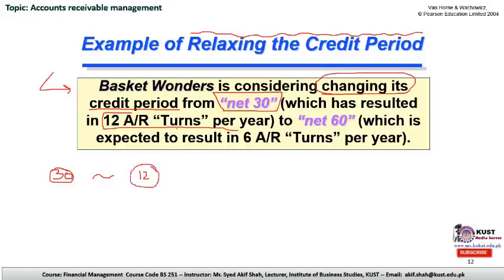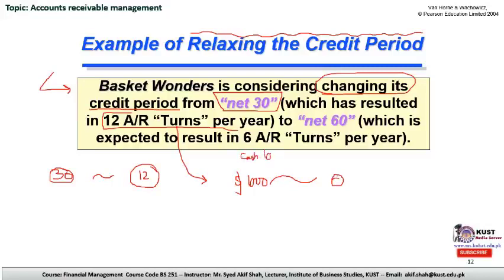What does accounts receivable turnover, or an accounts receivable turn, mean? Let's suppose the company is selling its product worth $1,000 to prospective customers and they are required to pay their obligation within 30 days. After 30 days, this accounts receivable will be zero and it will be converted into our cash amount of $1,000.